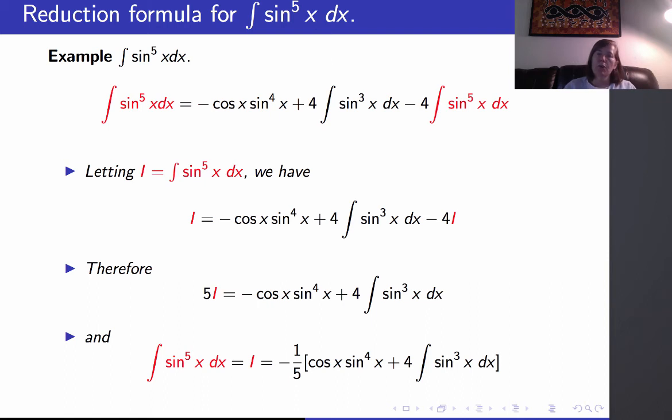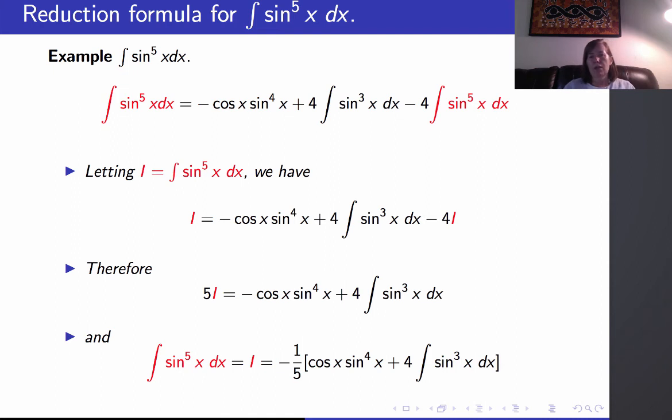Now, the important part of this formula is that we haven't completely worked out a function which gives us the integral of sine to the 5x dx, but we've reduced that integral to a simpler integral, which is the integral of sine cubed x dx.